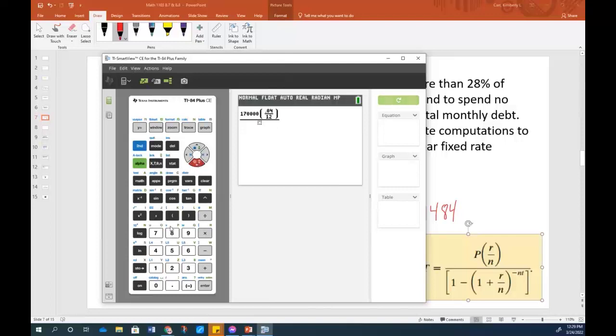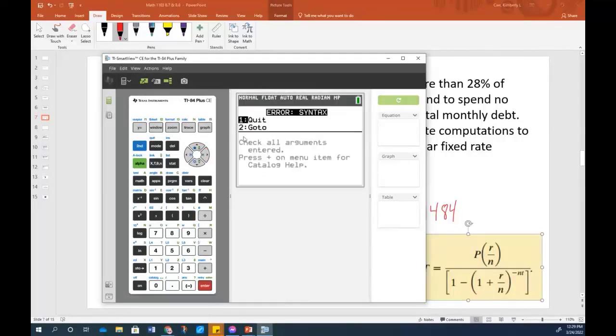Okay, now this is over parentheses 1 minus parentheses 1 plus.